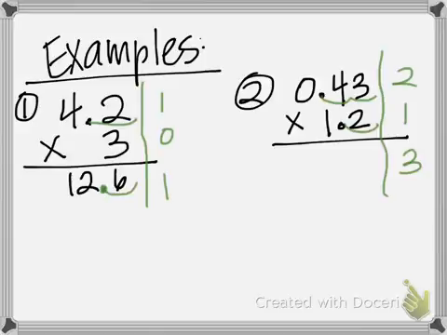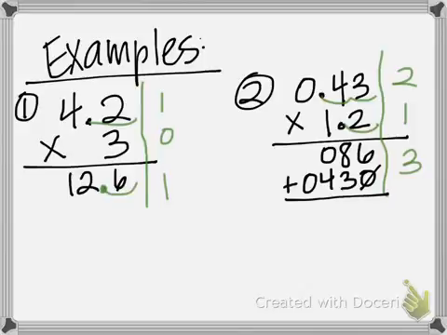So now we multiply. Once we're finished multiplying, we bring our decimal place back in 3 times because that's how many we added.